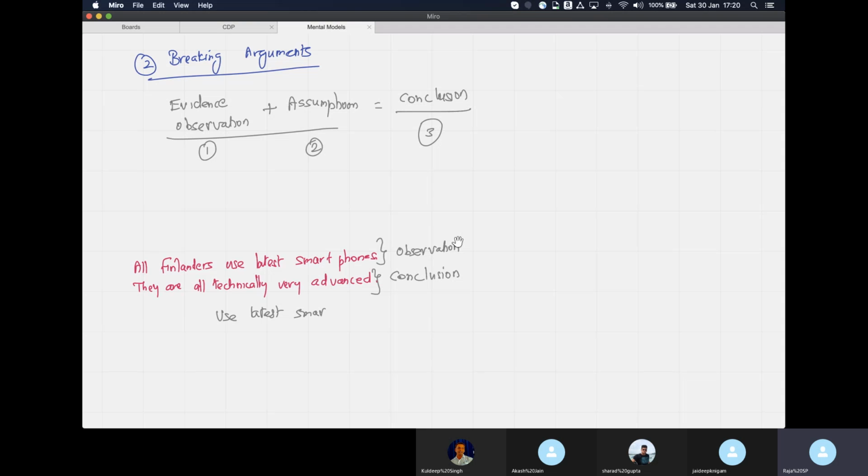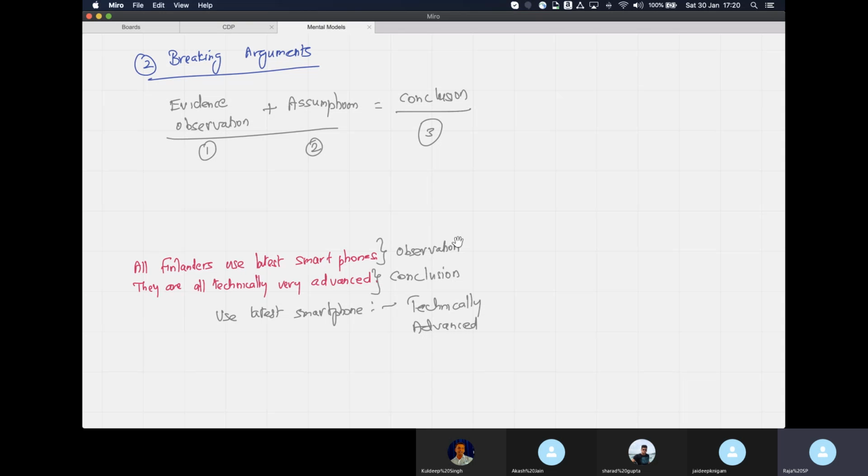If you use the latest smartphone, it kind of implies that you are technically advanced, right? That's the clear assumption. Another way of looking at this mental model is in logic, where we talk about deduction logic and induction logic.